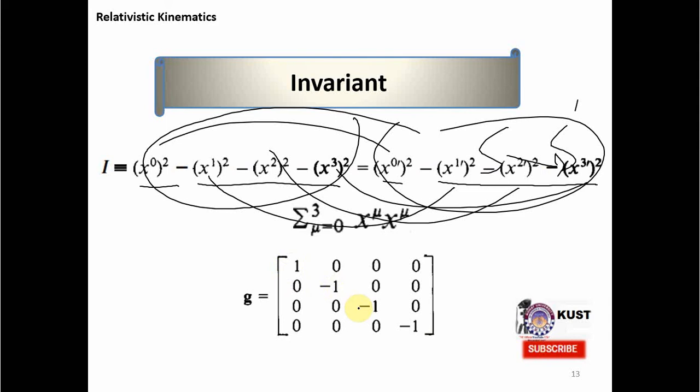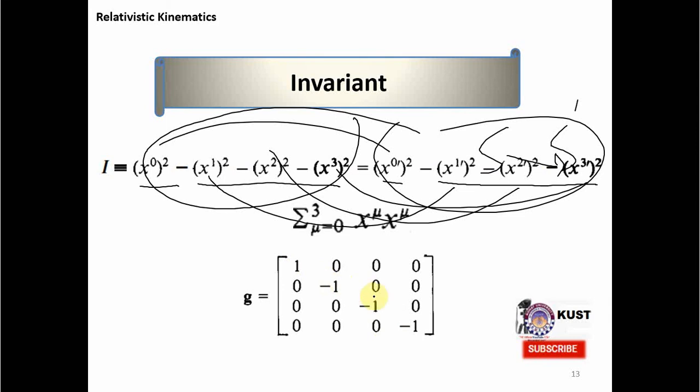Both are equal. The only requirement is that space and time coordinates should enter with opposite signs. If space enters with negative, then time will be positive, and if time enters with negative, then space will be positive. They should have opposite signs, otherwise special relativity will not work.